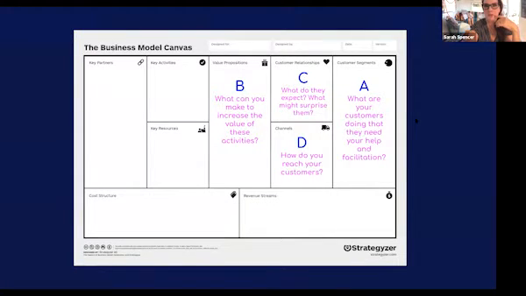So, okay, that was C, what do they expect and what might surprise them? The fourth part of this is the channels. This is real easy because, again, these are your customers or potential customers. Are you reaching them? Are you talking to them in person at a meeting?